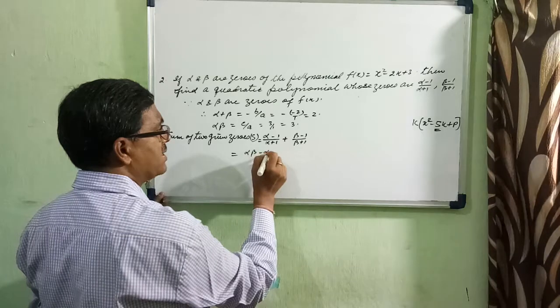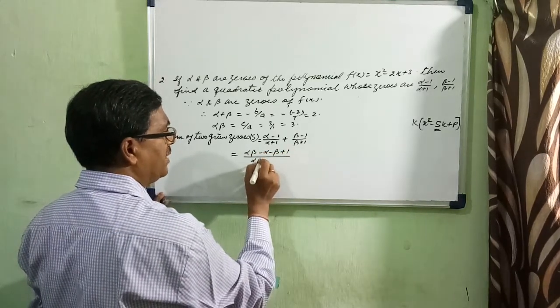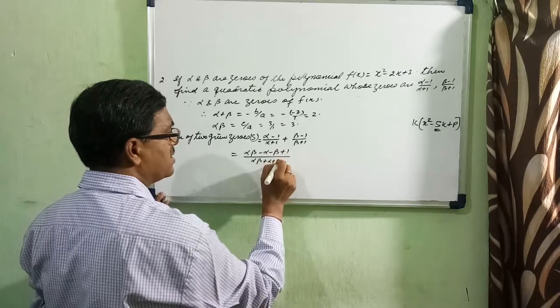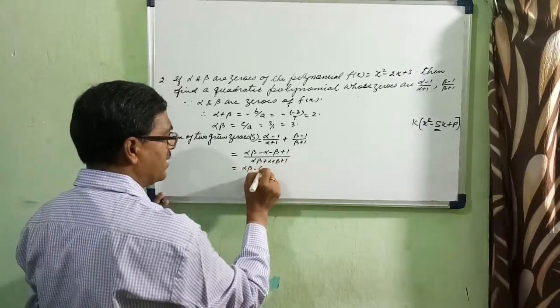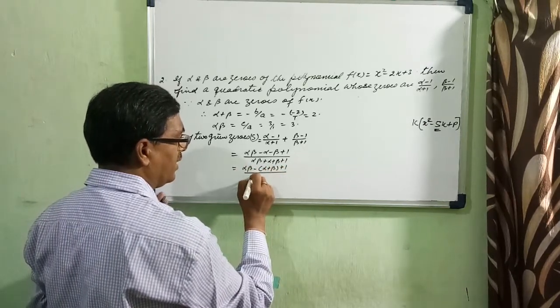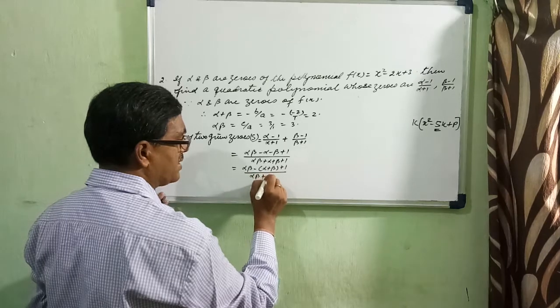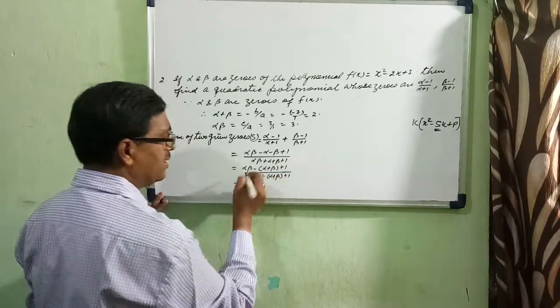Alpha beta minus alpha plus beta plus 1 divided by alpha beta plus alpha plus beta plus 1. Do you get all these values?